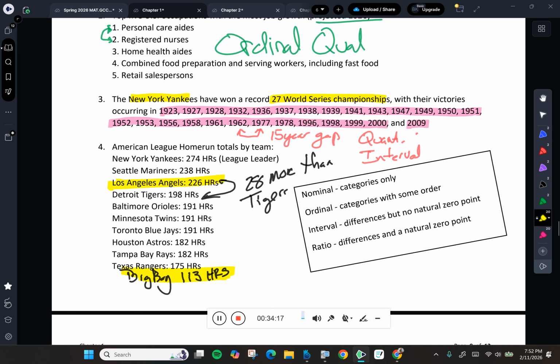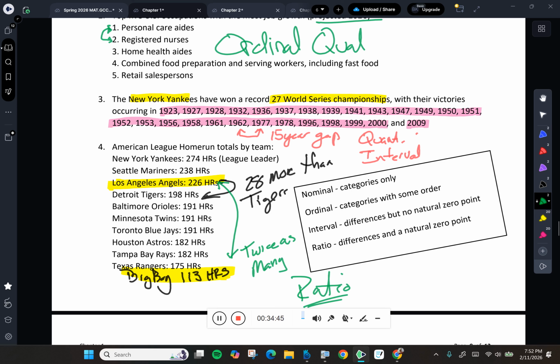Is 226 twice 113? I just made a ratio, and that ratio makes sense, that the Angels had twice as many. And since that ratio made sense, that means that we are looking at a ratio level of measurement data set.